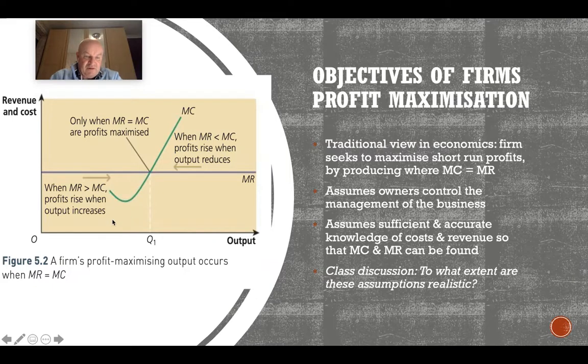Now, if we take a look at the way this diagram is annotated, we've got revenues and costs plotted against output, and in this instance we can see that at our price, our marginal revenue and our price being the same in a perfectly competitive market, the amount that we would produce would be Q1, because that's the point at which marginal cost equals marginal revenue, and if we are a true profit maximizer, that is what we would do.